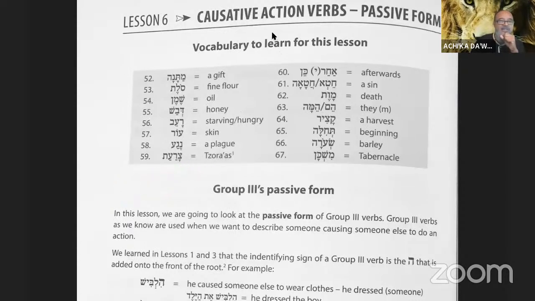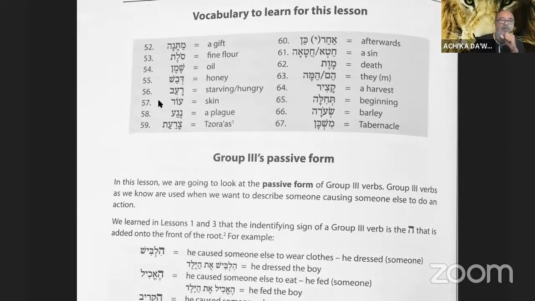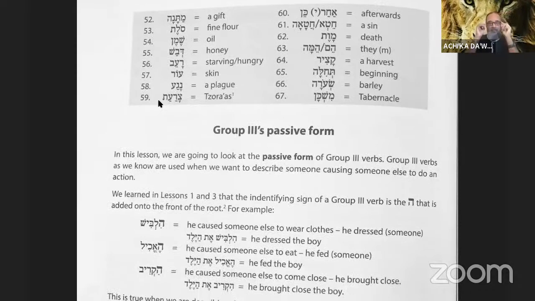In this lesson, we're going to look back at the passive form of group number 3 verbs. As we know, group number 3 verbs are used when we want to describe someone causing someone else to do the action.